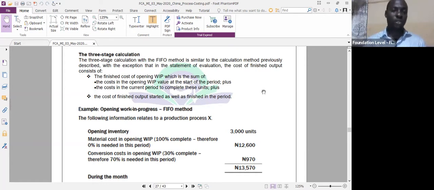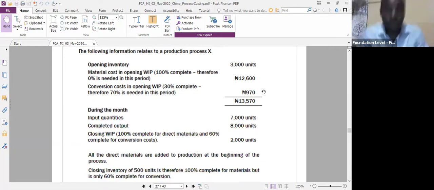Plus those items we started this month and we finished this month, we are going to find out the cost involved. Then we are going to calculate the cost of finished output started as well as finished in this period. That's what we said. Now look at the opening work in progress people method example.